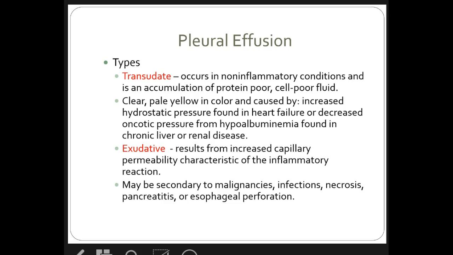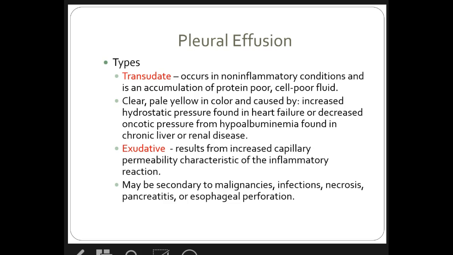It could be increased production of fluid due to increased capillary permeability, such as we have with infections and sepsis. The patient could actually have bleeding into the space. They could have decreased lymphatic clearance of pleural fluid, such as when we have metastasis from the lungs with a cancer. And it can also be due to infection.